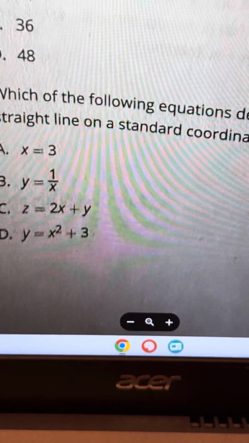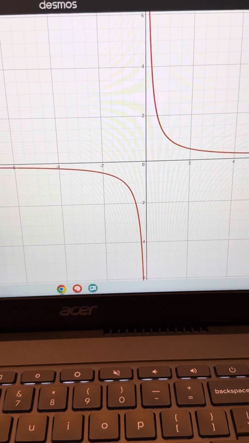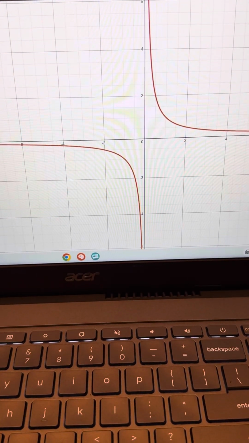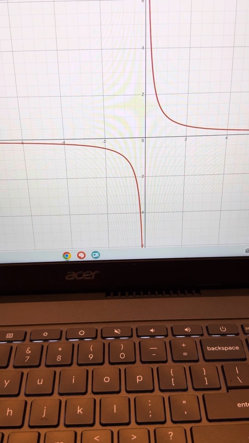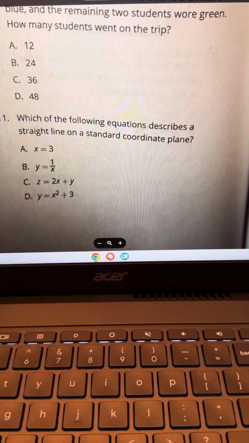If you want to look at what a graph with an x in the denominator looks like, you can see that it ends up with this really weird curved thing. It's not a linear graph. So the correct answer is going to be that answer A.